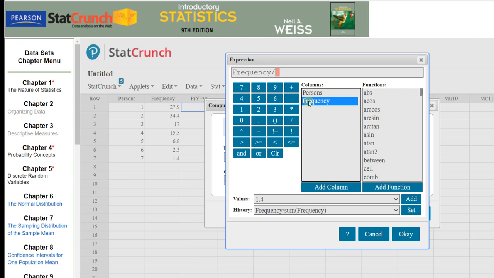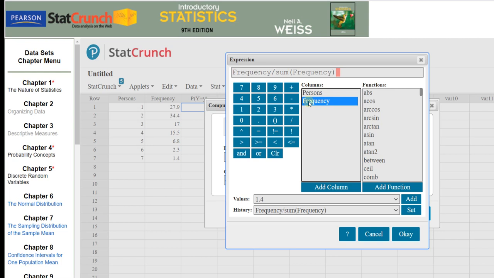We're going to divide it by the total, right? That's the sum. So I'm just going to type the keyword here, sum, and then open parentheses, double click on frequencies, close parentheses. See what I'm doing?